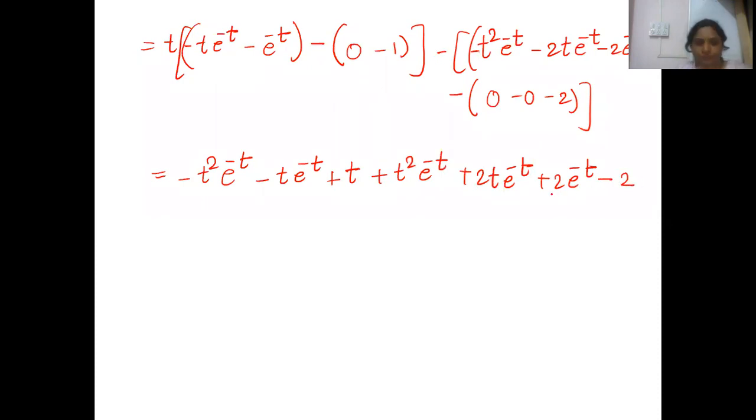Check. So these two terms get cancelled. 2t e raised to minus t, t e raised to minus t. 2t minus t, it is t e raised to minus t. This is done. Then plus t and minus 2.